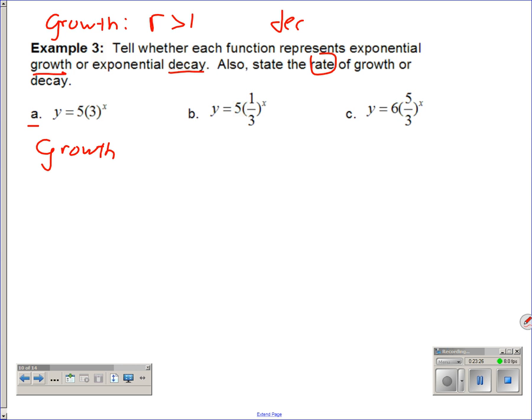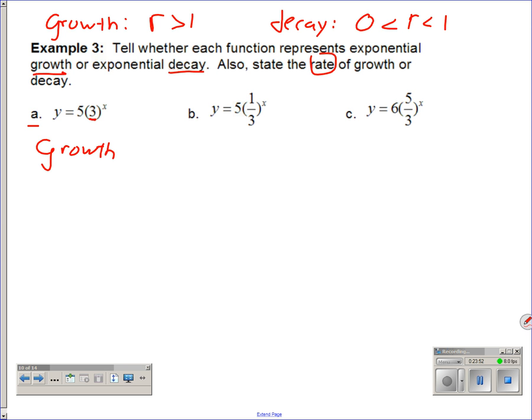And it's going to be decay when we're dealing with these types of problems, if our value is greater than 0 and less than 1. It can never be negative. If it's a fraction, then it's decay. So it's growth here because we're greater than 1.